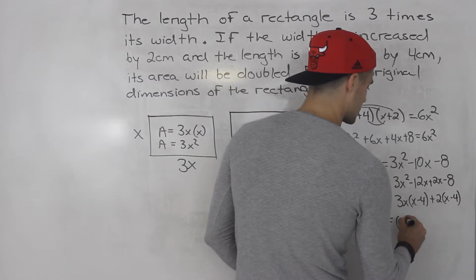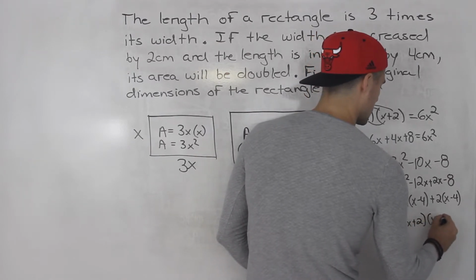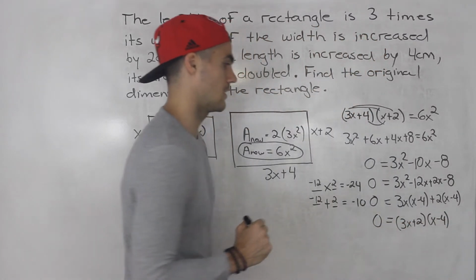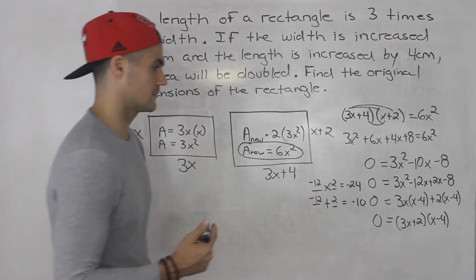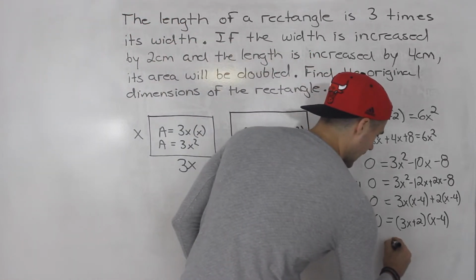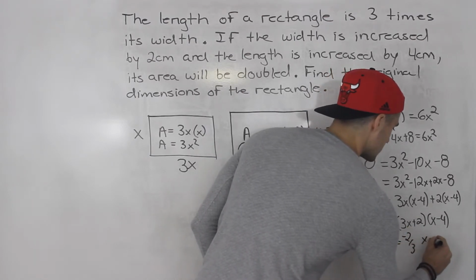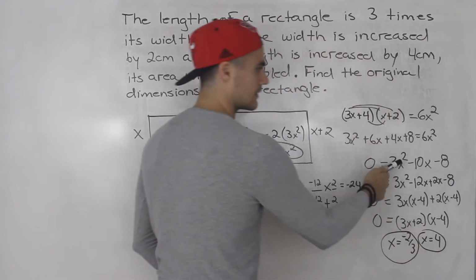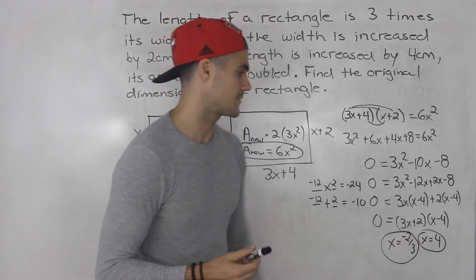So this factors into 3x plus 2 times x minus 4, and there's still that 0 on the right side. Then it's easy to see x can either be negative 2 over 3 or x can be 4. Those are your two solutions. If you plug this into the quadratic formula, those are the two solutions you can get.